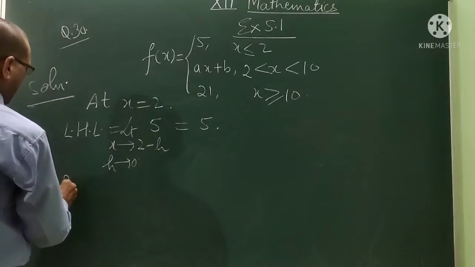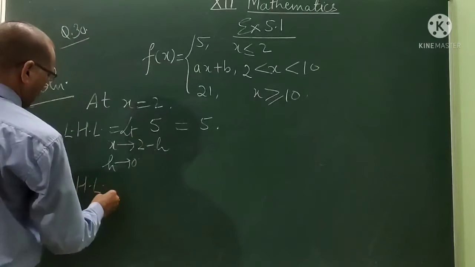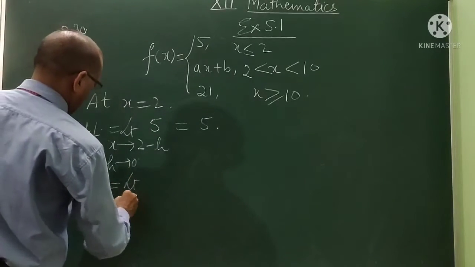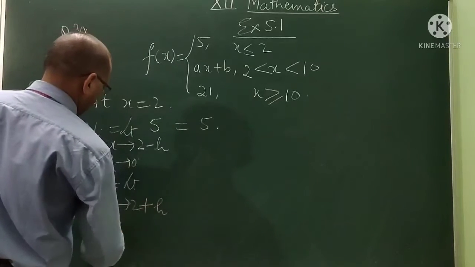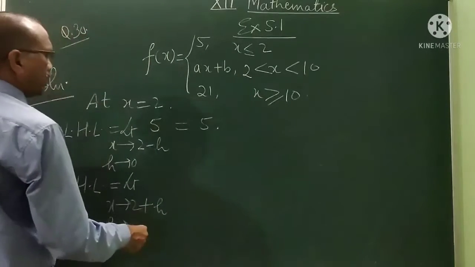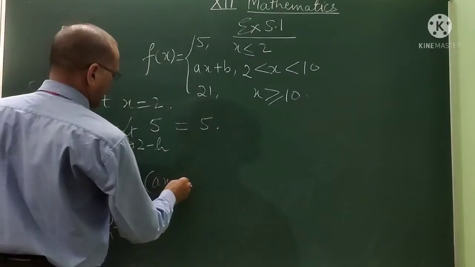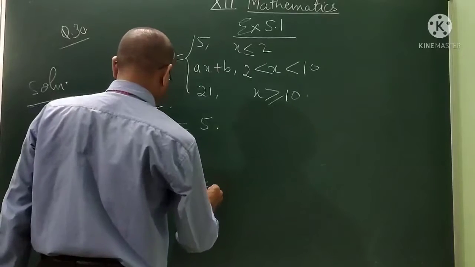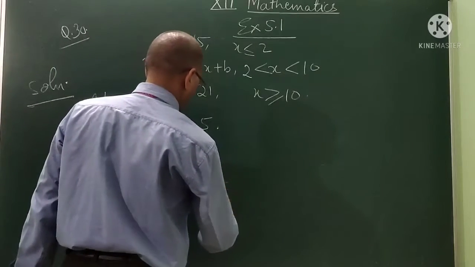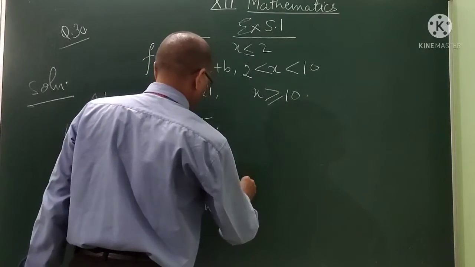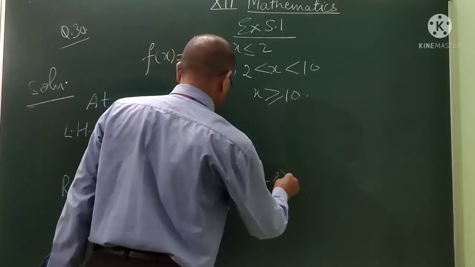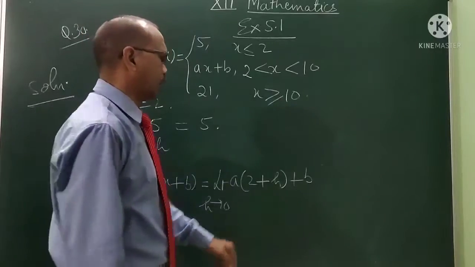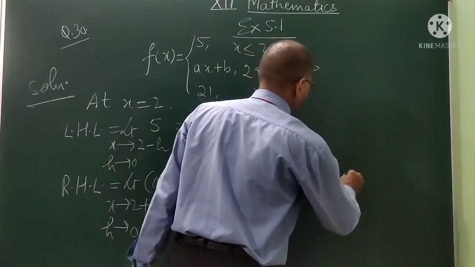Now the right hand limit is limit x tends to 2 plus h, h tends to 0, and the function is ax plus b. Then it is limit h tends to 0 of a(2 plus h) plus b. Student, since h equals 0, it is 2a plus b.